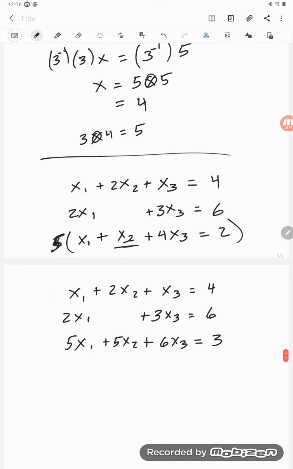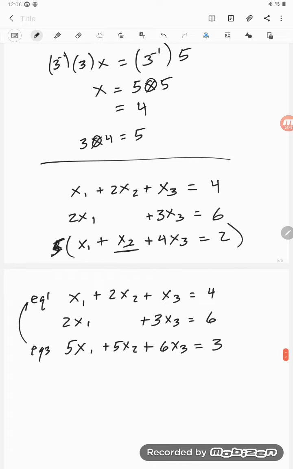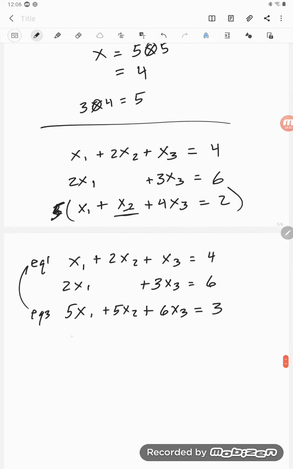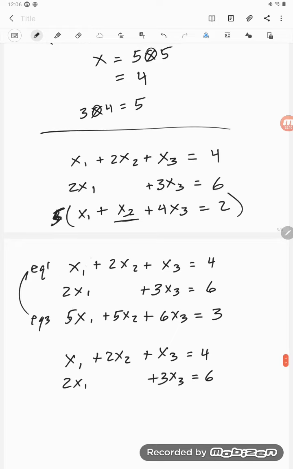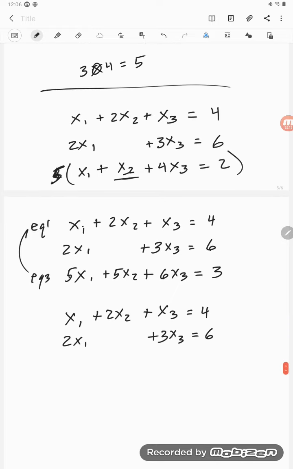Now, if I add equation 1 here to equation 3, if I add those two together, and put that back in the bottom, I have x1 plus 2x2 plus x3 equals 4. I have 2x1 plus 3x3 equals 6. Now, when I add these two, I get a 6x1.